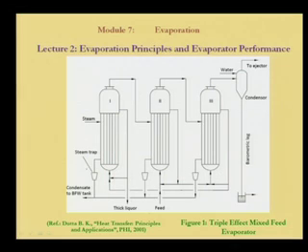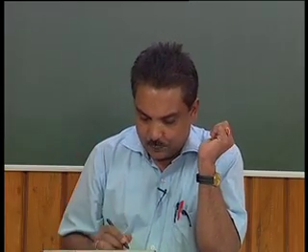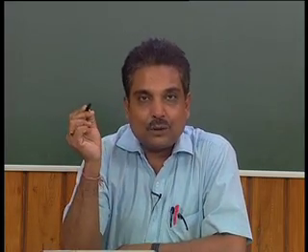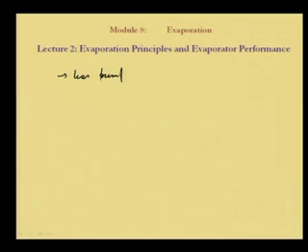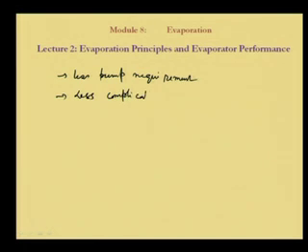So, what is the reason behind this? It becomes an intermediate kind of arrangement, and it compromises between the positive and the negative effects of both forward and backward feed evaporators. For example, less pump requirement, less complexity, less complex piping.